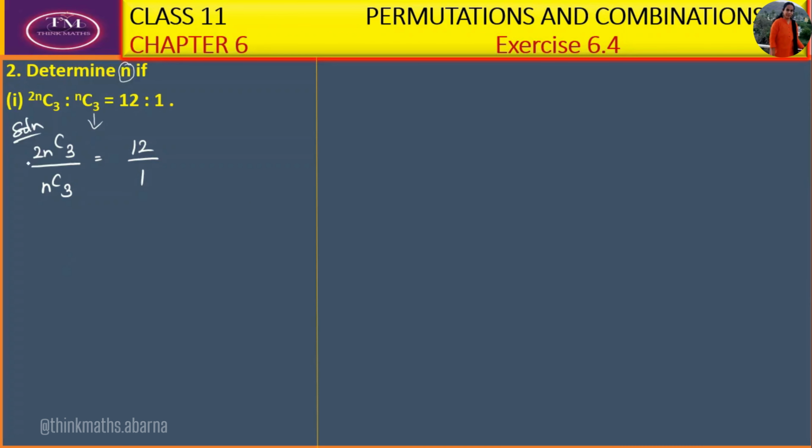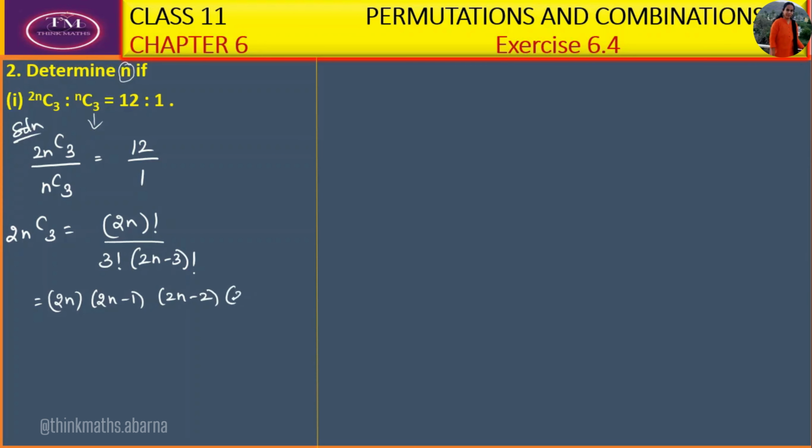Now we are going to find 2nC3 and nC3 separately. What is 2nC3? Use the formula for combination. It is 2n factorial divided by 3 factorial into (2n minus 3) factorial. So what is 2n factorial? It is 2n, 2n minus 1, 2n minus 2, 2n minus 3, and it goes on till 1.